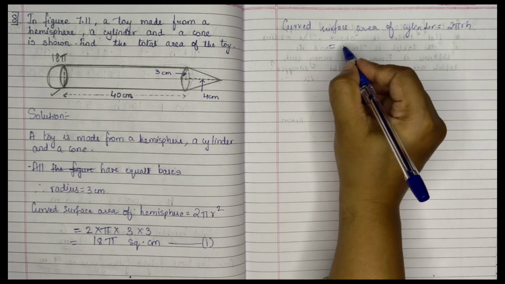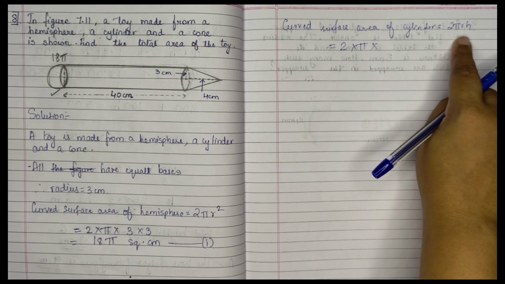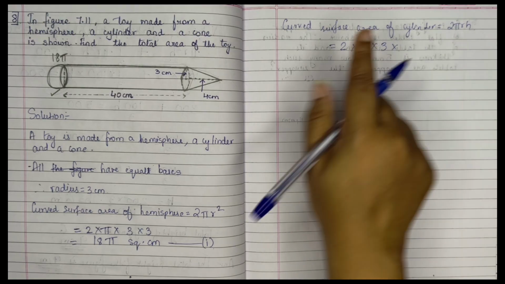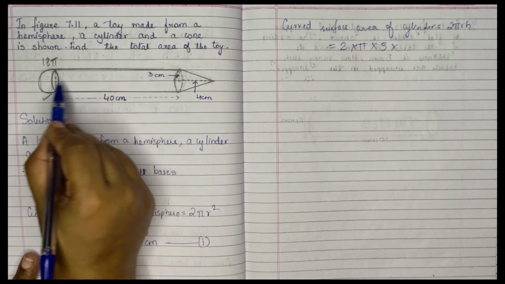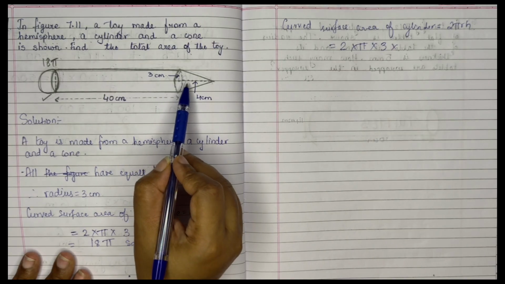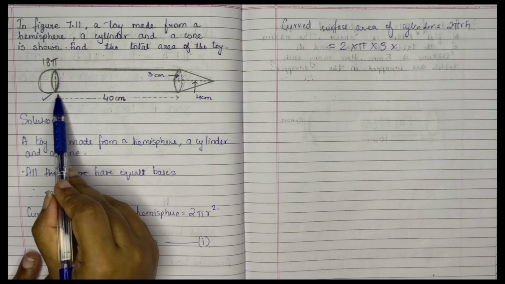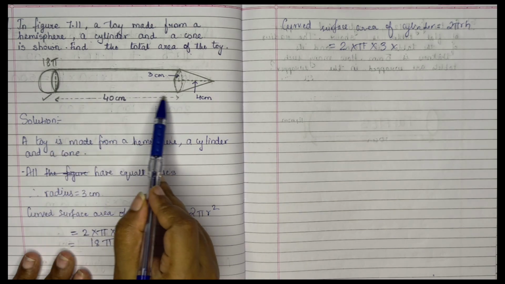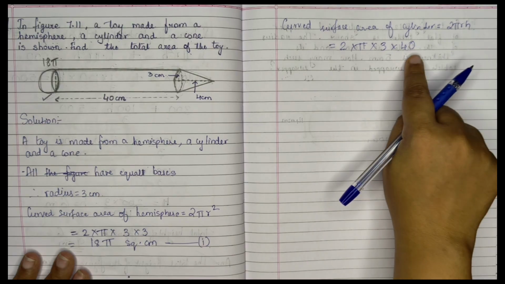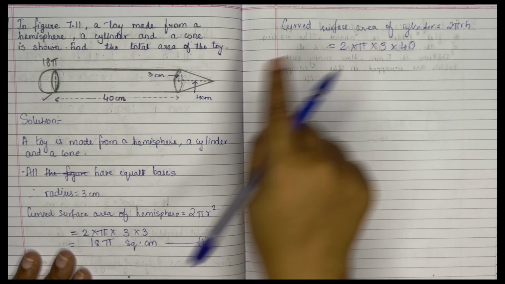Again over here we will keep the pi as it is. 2 pi r, r is 3, into h. Now for the cylinder, 3 is the common radius for all three: the hemisphere, the cylinder and the cone. But the height of the cylinder is 40, see here it is given 40. So instead of h we will write 40.